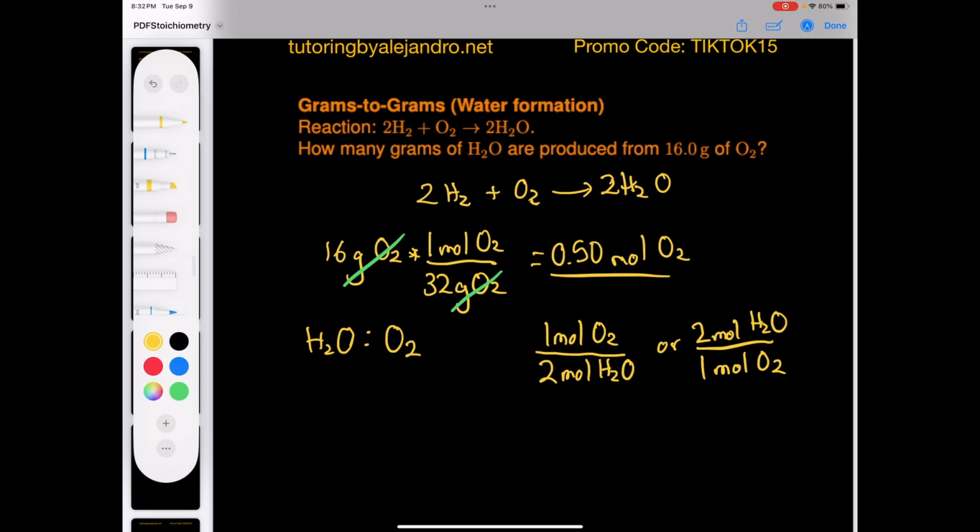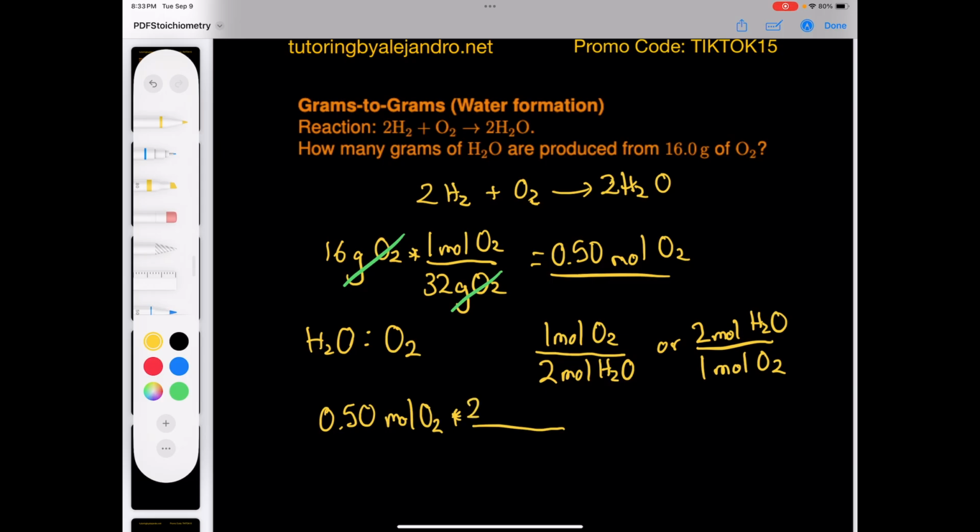Okay, so let's begin. So at this point, we know the quantity of O2 in moles, so let's start with that. So we have 0.50 moles of O2, right? Now we're going to convert that into moles of H2O, right? So since I want to cancel out moles of oxygen, I am going to use the second mole ratio that I found, right?